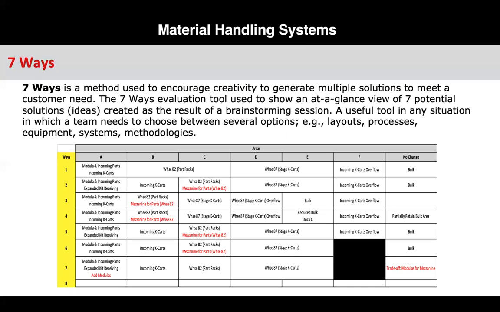So why 7? Why not 3, or 10, or whatever? It's typically been found that when you do 7 ways, the first 3 are probably very simple, and might not even be that creative.